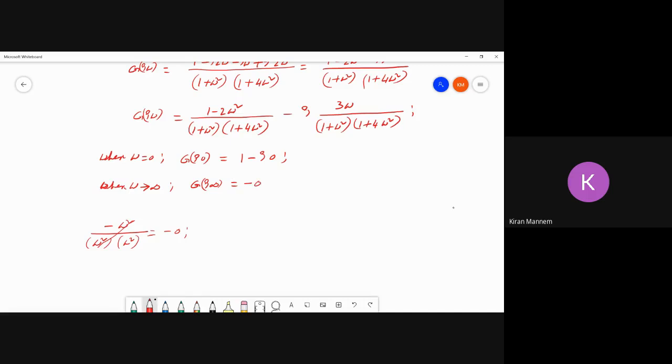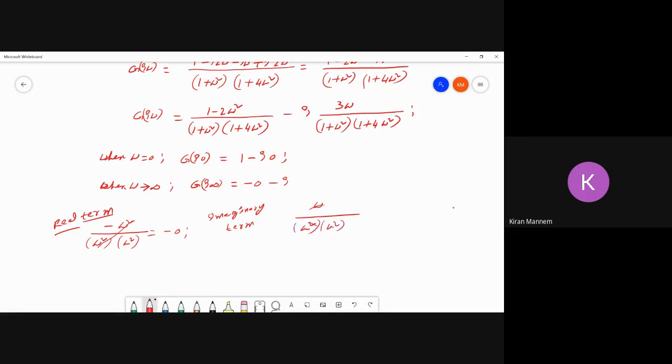This is the critical point in these polar plots. Substituting infinity value, observe the omega terms and follow the procedure. This is the real term. Now the imaginary term: it will be minus j, I'll keep as it is, and it would be 3 into omega by omega square into omega square.